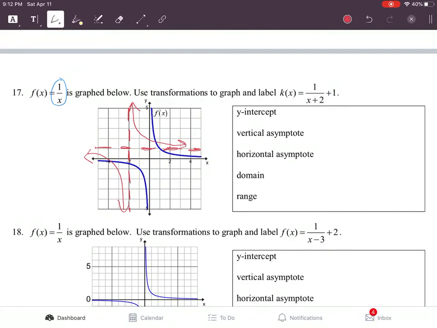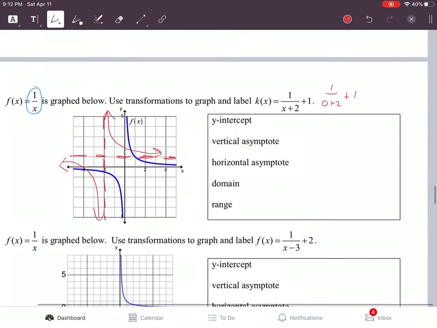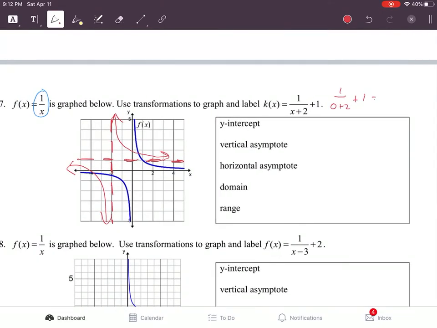So we have 1 over 0 plus 2, plus 1. Okay, so we're just going to solve that. So you have 1 over 2, because 2 plus 0 is 2, plus 1. So what's 1 plus 1/2? That's 3 over 2 as a fraction. Okay, so our y-intercept is 0, 3 over 2.